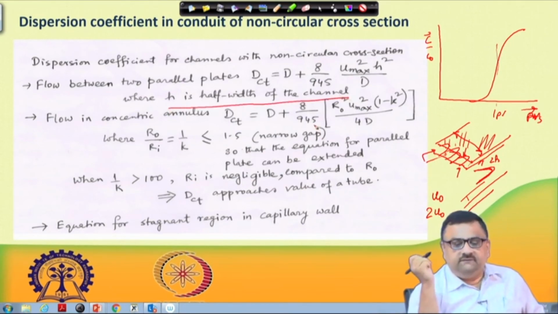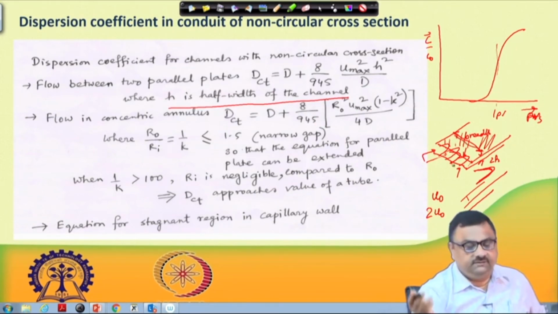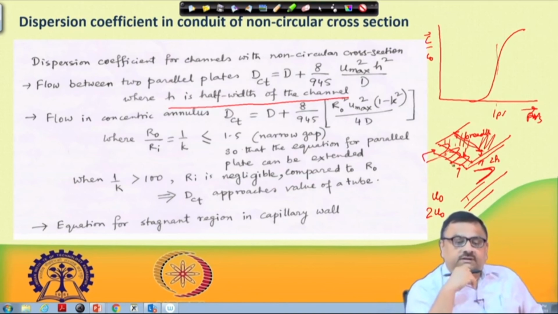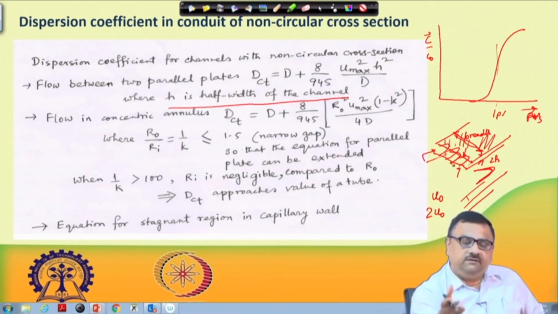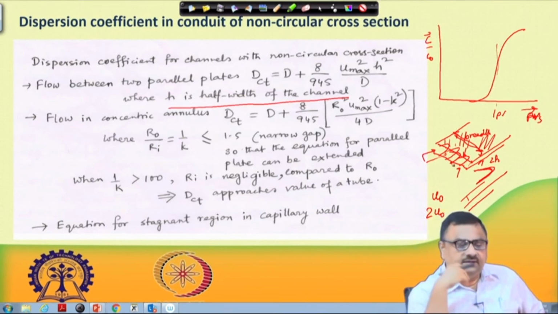If they call it width, then I must call this breadth. So, this is breadth and this is width. Now this D_CT is D plus 8 by 945 u max square h square by D. This is something which the researchers have arrived at doing these theories.